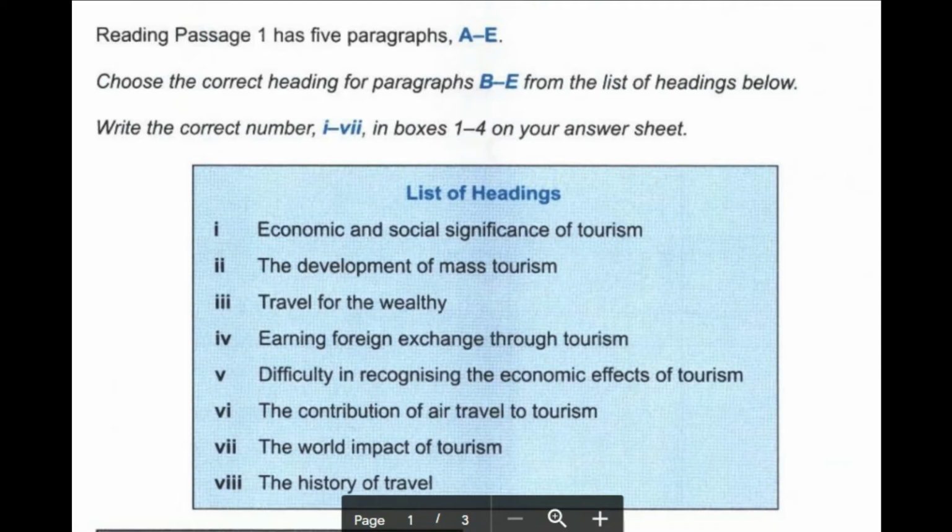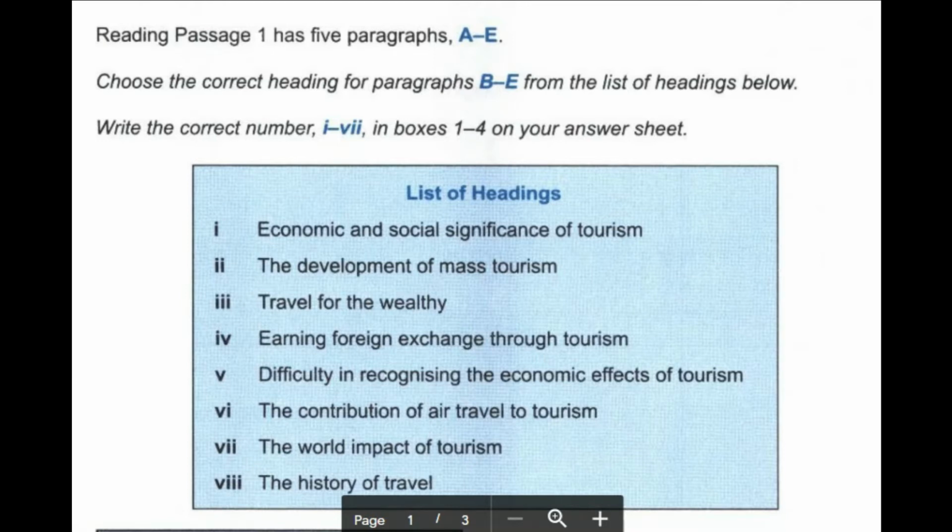Normally we have 5 paragraphs, but one is done already. A is done, so we have 4 paragraphs. We need to give the appropriate headings, so we are going to be left with 3. Total we have 8 headings, so 3 are extra over here.